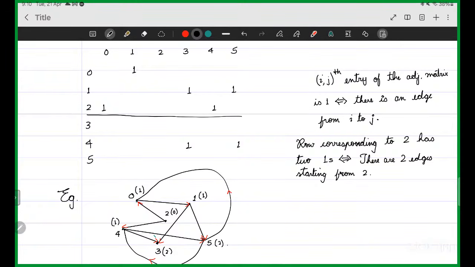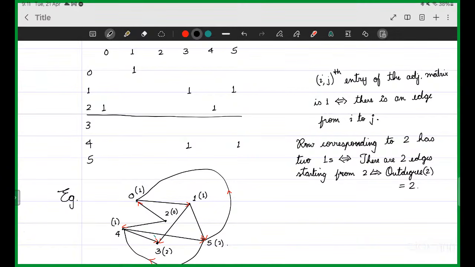So the number of ones in any row in the adjacency matrix is the number of edges coming out of it, which is the same as saying that the out-degree of the vertex 2 is equal to 2. Is this fine?